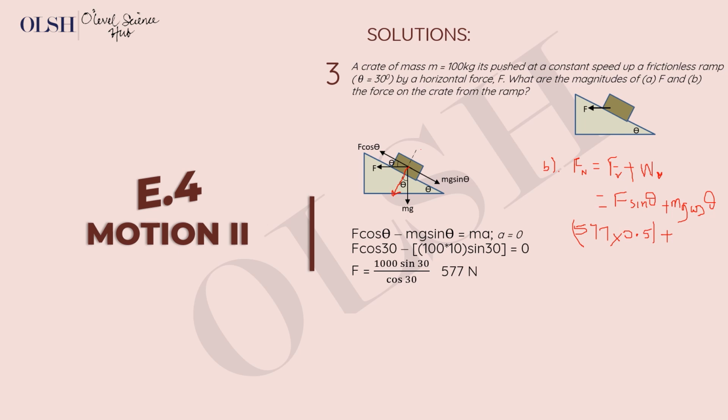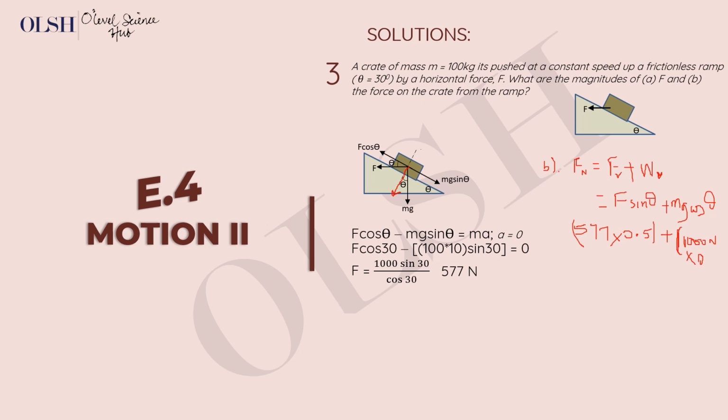Yes, 100 kilograms times 10, so we have that as 1000 newtons. I'm trying to get the bracket there, so let me put 1000 newtons times cos theta, which is 0.8.